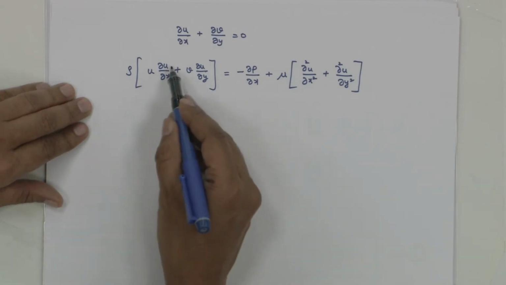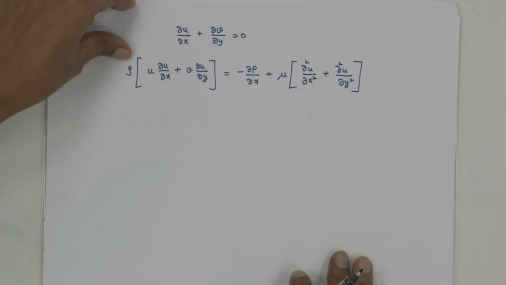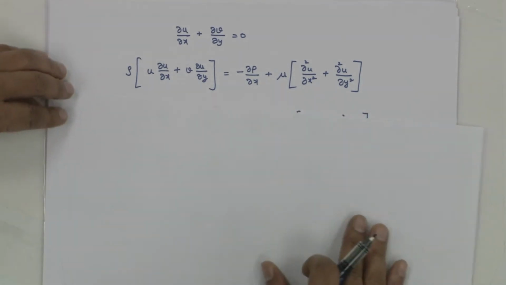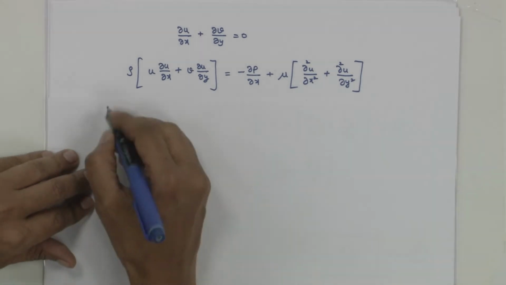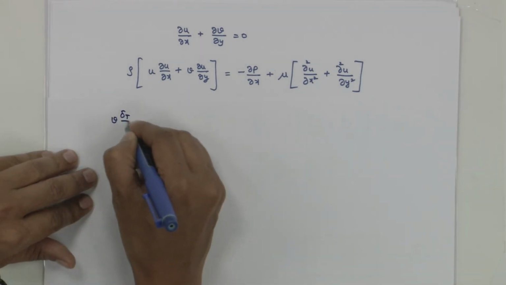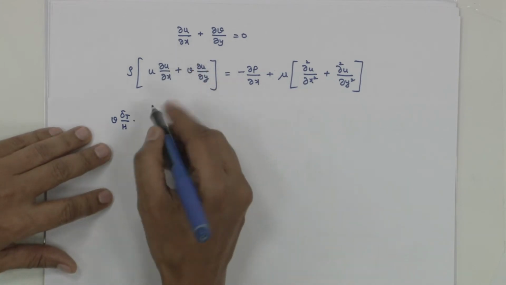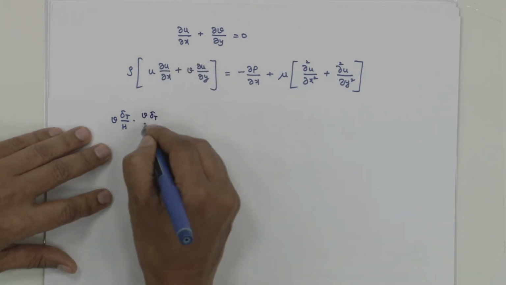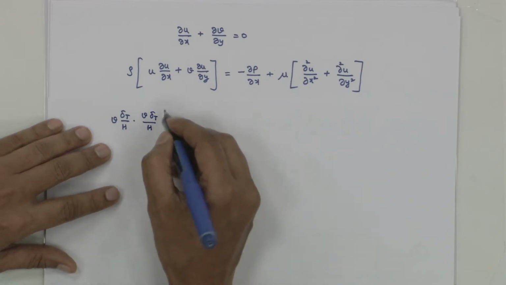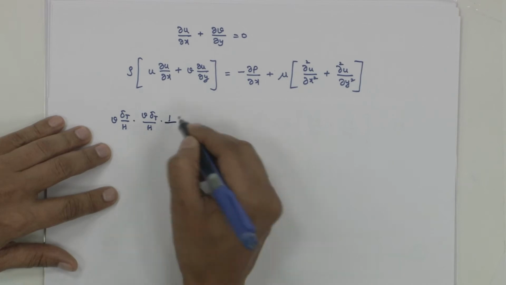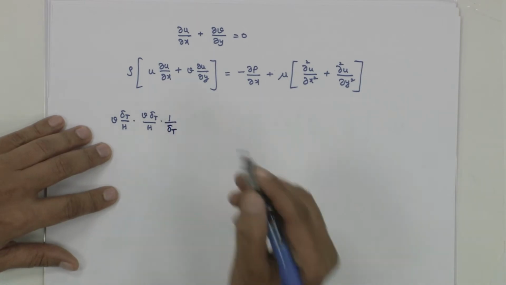What is the scale of u del u by del x? Just now I wrote the u scale is V delta t by h. So V delta t by h into del u by del x, that is also V delta t by h into the scale of x, which is delta t.